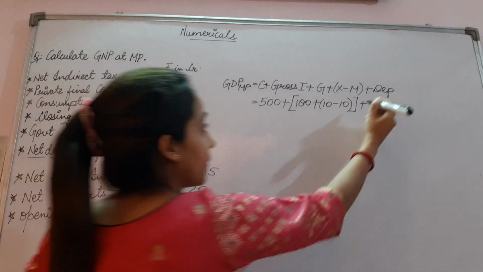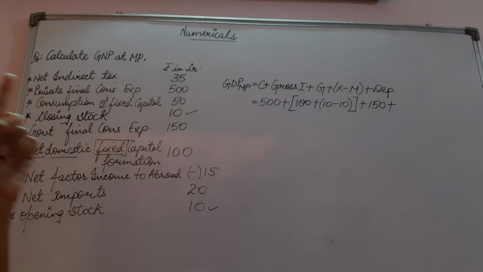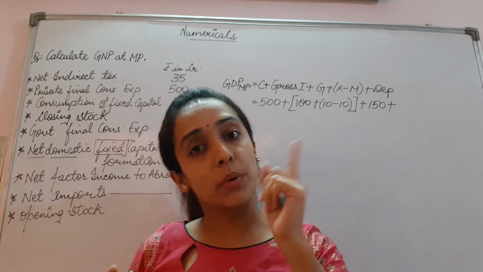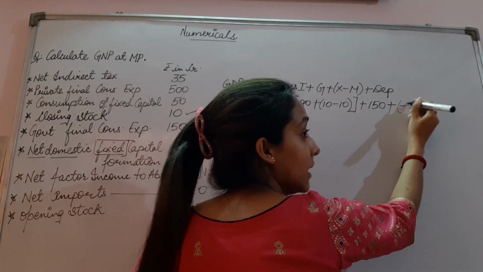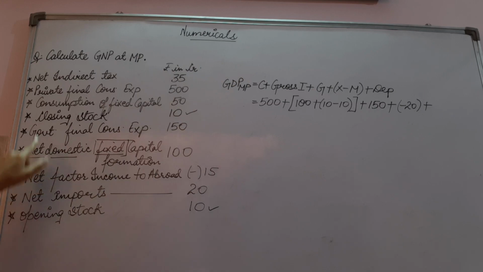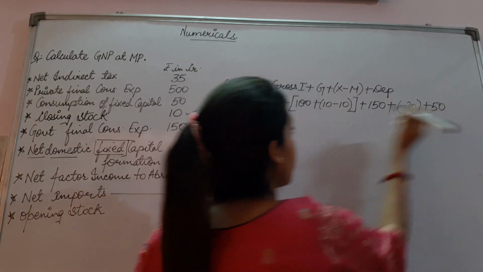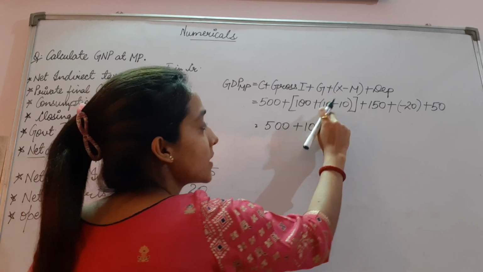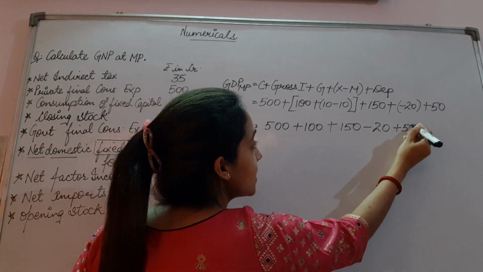It is 150, plus X minus M, that is net exports, but we are given net imports, so the sign will be changed. That is minus 20. And for net, we have added depreciation, that is consumption of fixed capital. It is given 50.